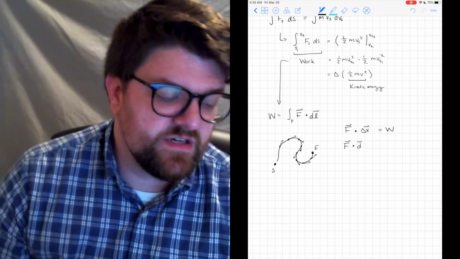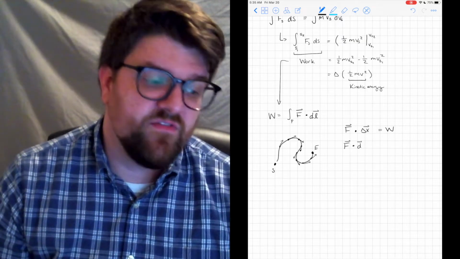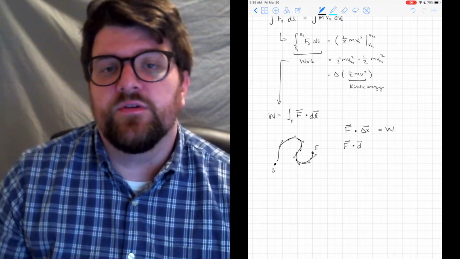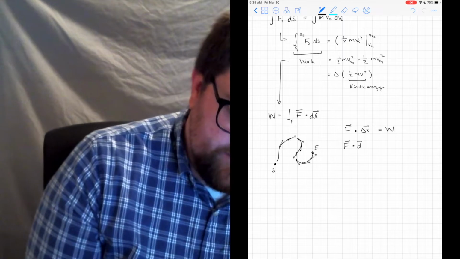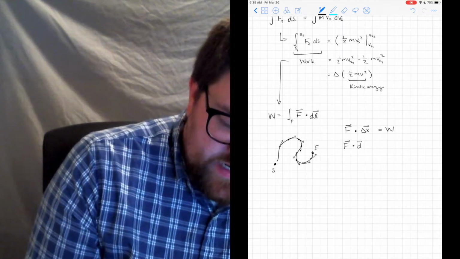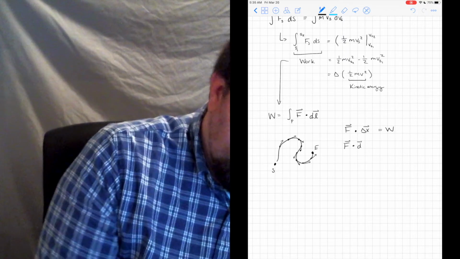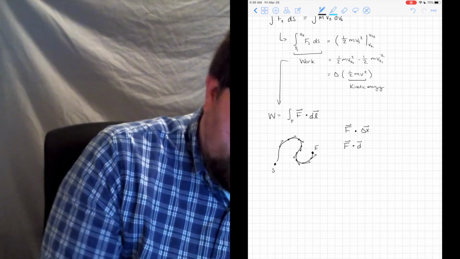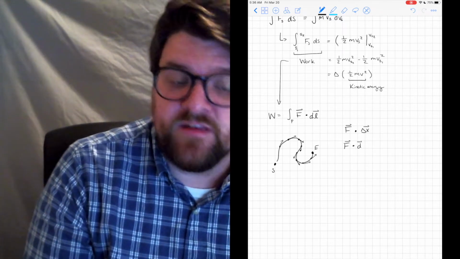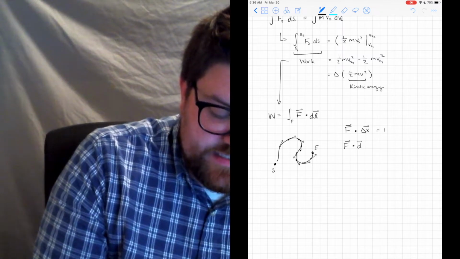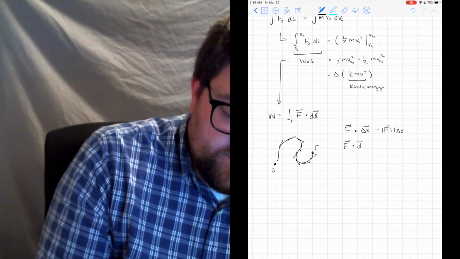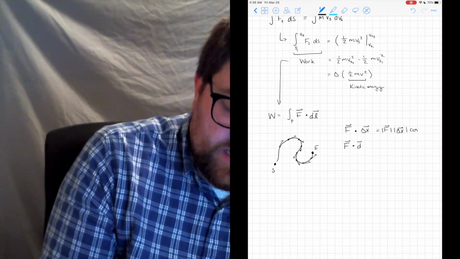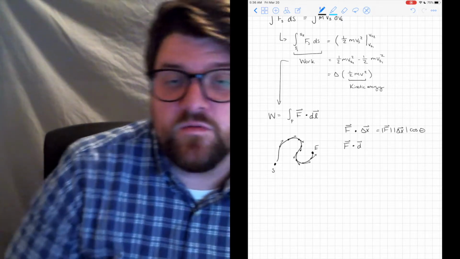But this basically starts to pick out the direction of F parallel to the direction of dx or delta x. And remember that we can write our dot products as a simplified expression. We can say F dot delta x is actually F delta x times cosine of the angle between them.